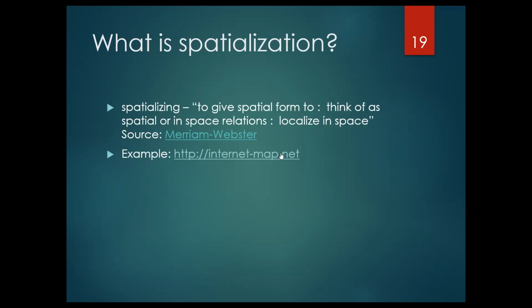You can say it is in the center of the Chinese internet. So using these principles, different positions and different colors, the authors of this visualization spatialized all those websites on the internet. Okay, so this is a pretty good example of spatialization.